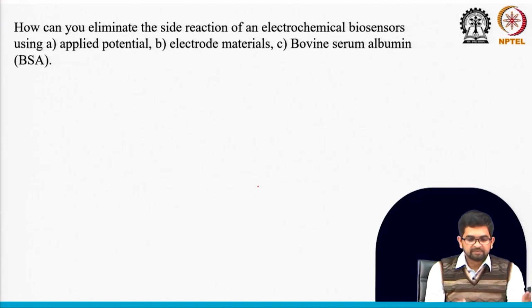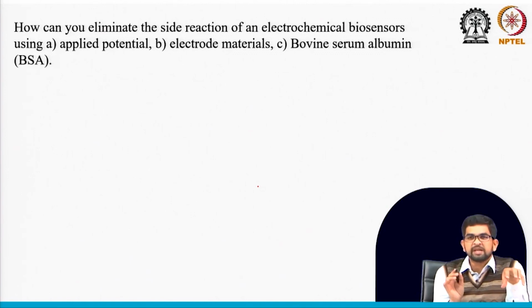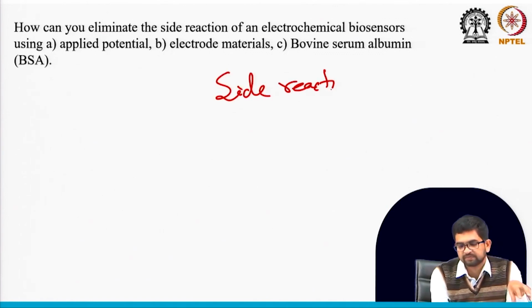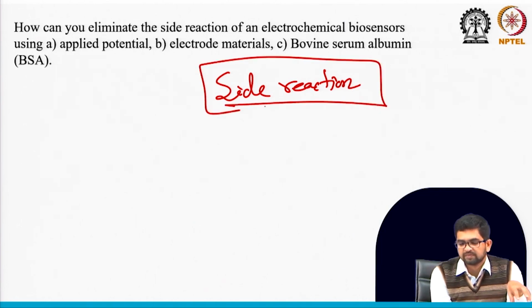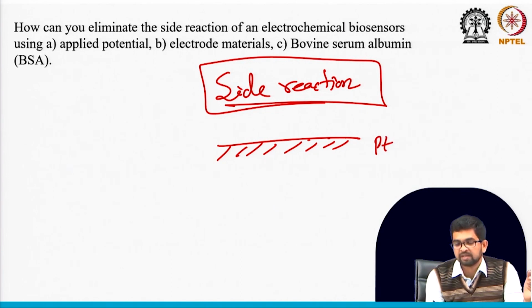Okay. Now the next point, how you can eliminate the side reactions of an electrochemical biosensor. This is a very, very important factor, side reactions. What are the side reactions of a biosensor? Side reactions can be, for example, if your electrode surface is highly catalytically active. Suppose a platinum surface is highly electrocatalytically active.